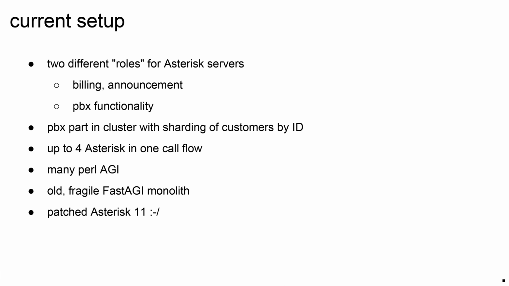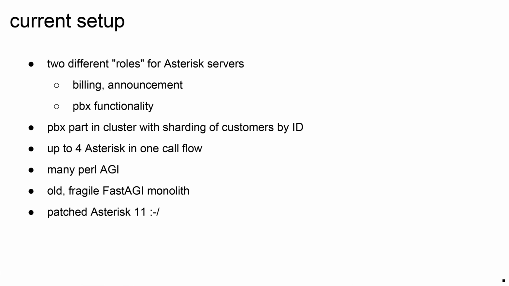The first one does basically billing and announcements. This is, I would say, the oldest part of Zipgate. The first thing we did was passing calls through, billing, and charging money. If the money is out, we announce, please refund your account, and then you can call again. That's pretty much what it does today.